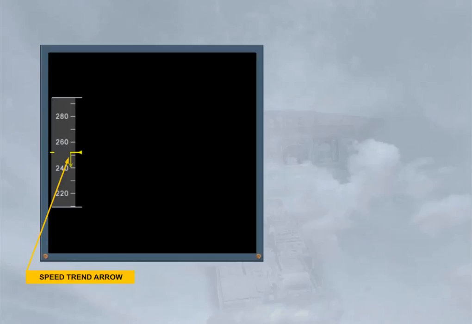This arrow shows the value that will be attained in 10 seconds if the acceleration remains constant. In the example shown, the aircraft will decelerate to 240 knots in 10 seconds. The use of the speed trend arrow will be demonstrated during your simulator training.